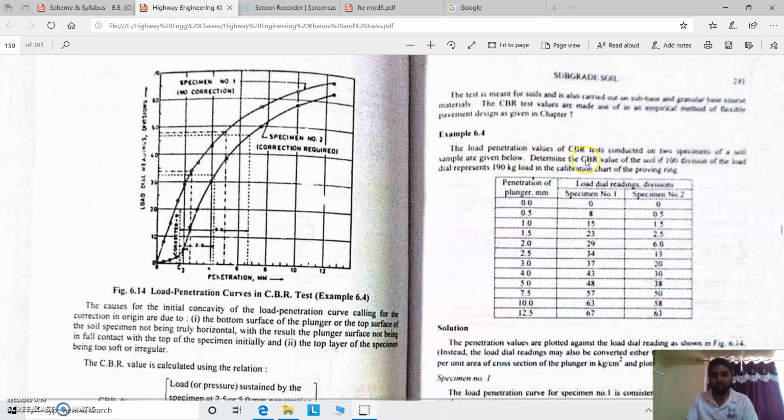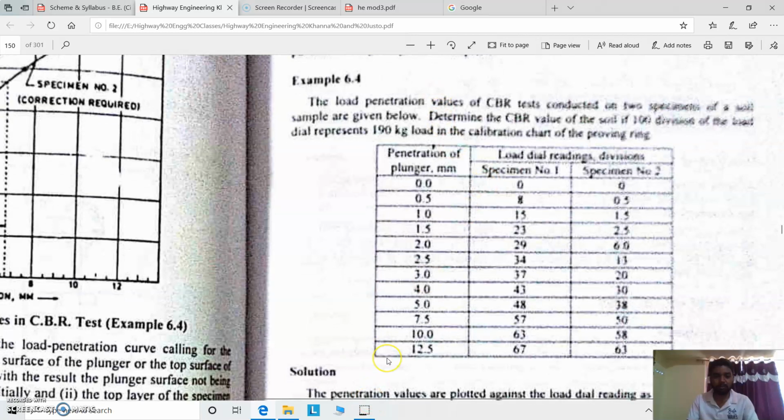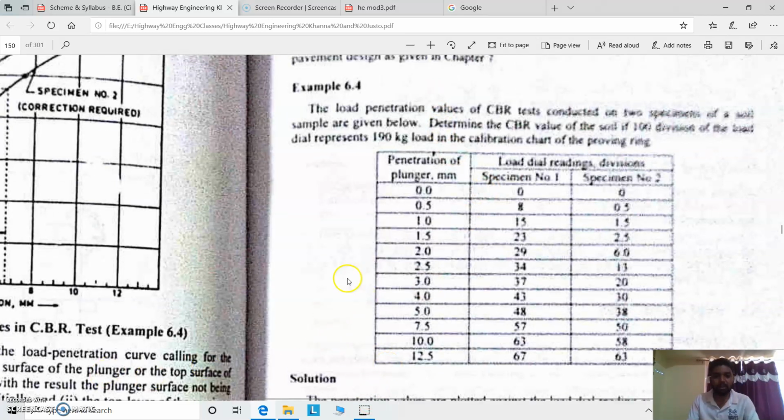The load penetration values of a CBR test conducted on two specimens of soil samples are given below. So here specimen 1 is given and specimen 2 is given. Determine the CBR value of soil specimen 1, if 100 divisions of the load dial represent 190 kg load on the calibration chart of the proving ring.